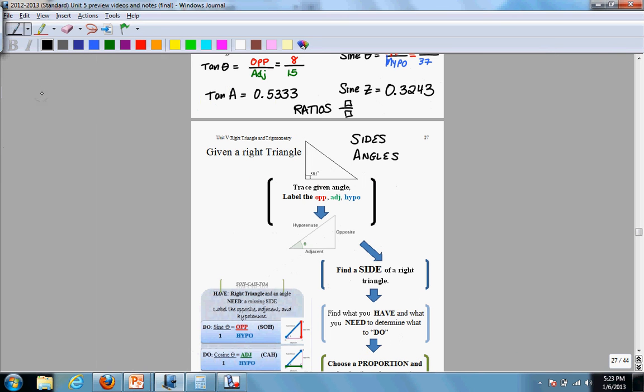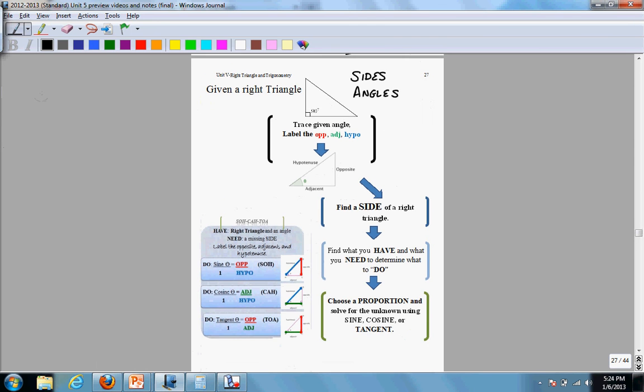I'm going to show you how to do both. The first one, we're going to look at how to do sides. You want to have this portion of your reference sheet out.